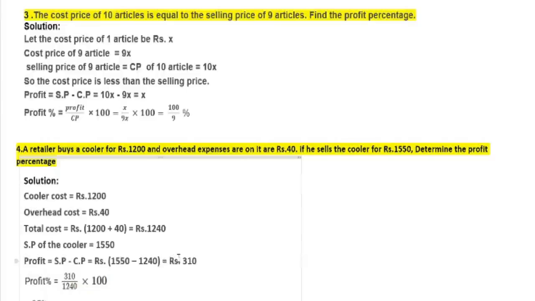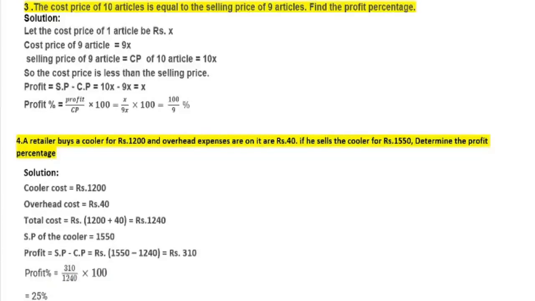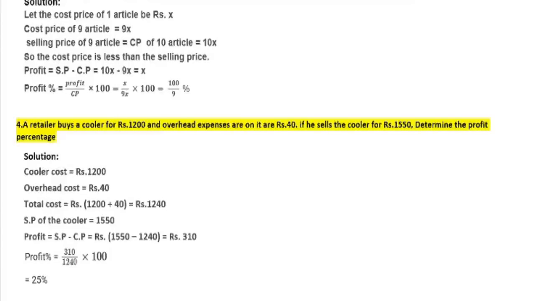So for finding profit percentage, first find the profit. Profit is 310. Now find the profit percentage. Profit percentage equals profit by CP into 100, that is 310 divided by 1240 into 100. Here be careful, CP means the total CP, including the overhead charges also, not 1200.